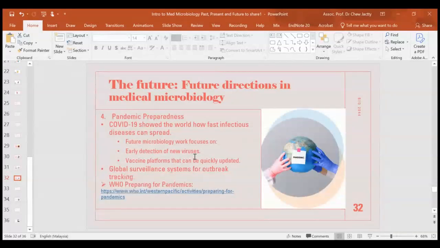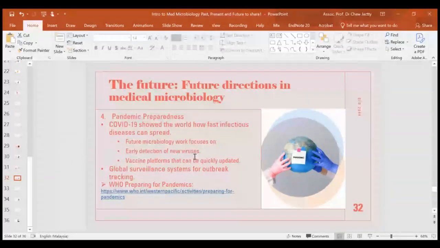How ready are we against a pandemic? So the future microbiology work should focus on early detection of new viruses. If you see the list that I shared earlier of the emerging and re-emerging infectious diseases, many of them are viruses. Okay, early detection of viruses.